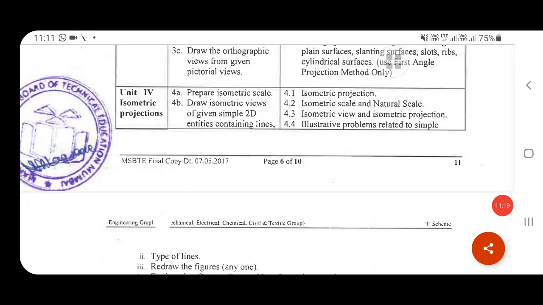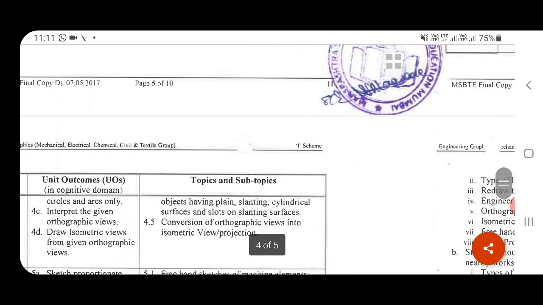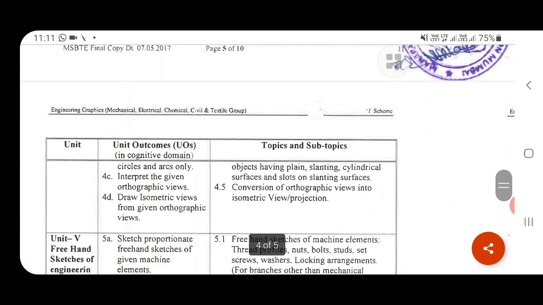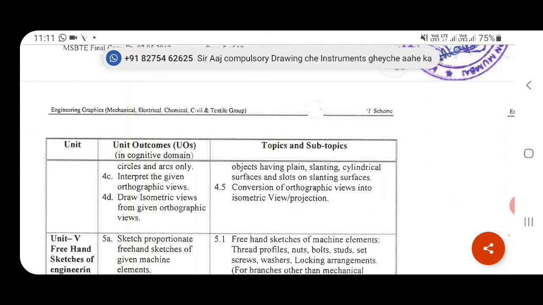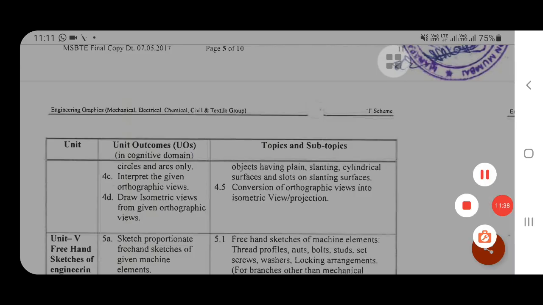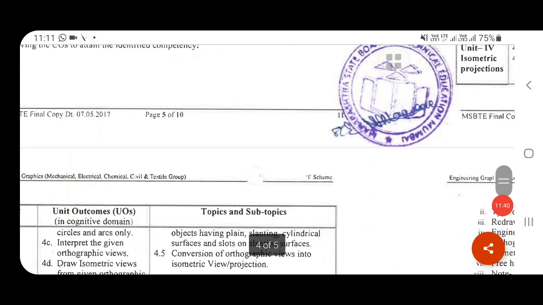Then illustrate problems related to simple objects having plane, slanting, cylindrical surfaces. Convert orthographic views into isometric projections. So write down this.